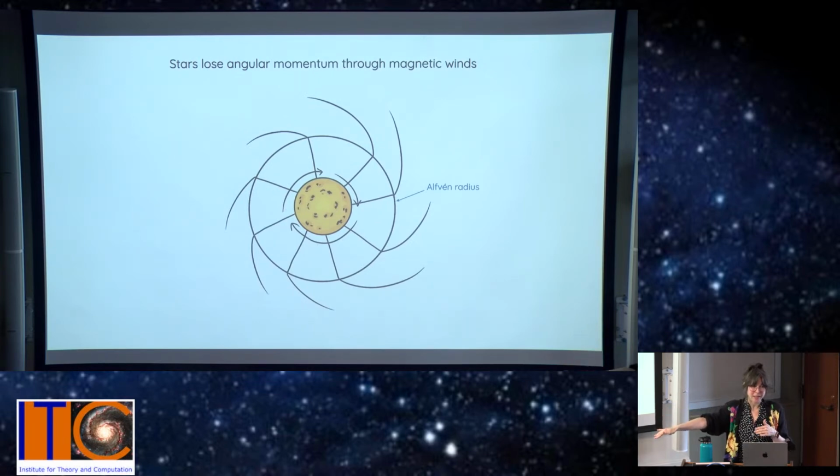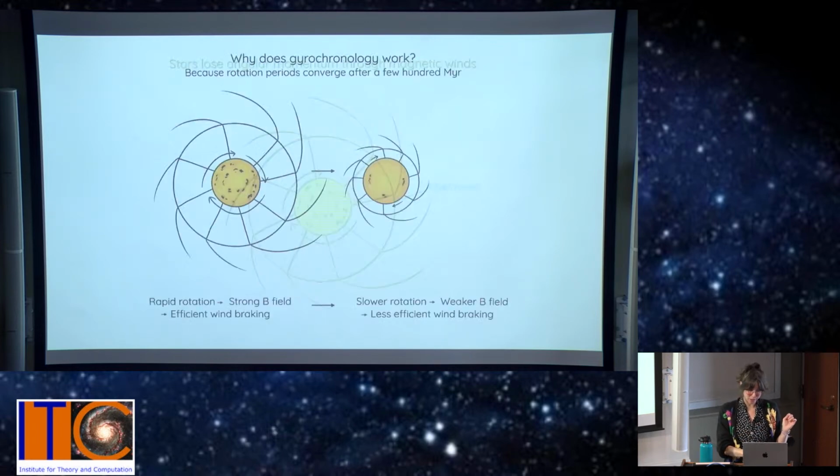So this means that a more magnetically active star will have a larger Alfvén radius and be much more efficient at losing angular momentum. And that's important because that explains why stars forget the initial rotation period they were born with. Stars start out with a rotation period that is usually kind of a random distribution between about a day and about 10 days. But by around 100 million years or so, stars have actually forgotten what rotation period they started with because of this mechanism.